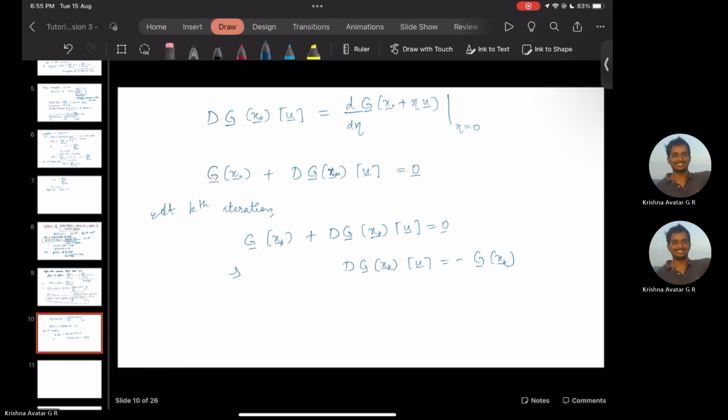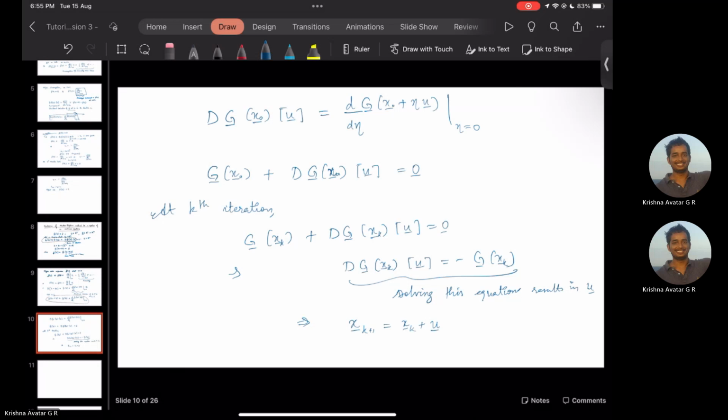Okay, so after solving this equation, we get u vector. This implies that x vector k plus 1 is equal to xk vector plus u. Fine.